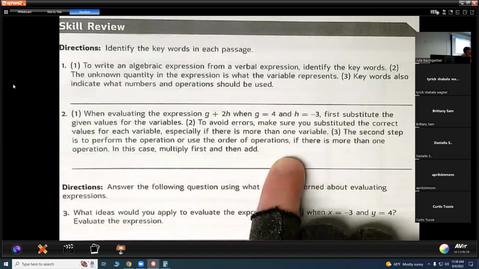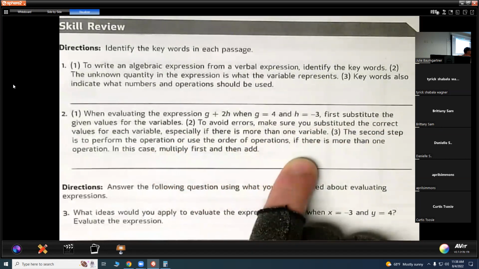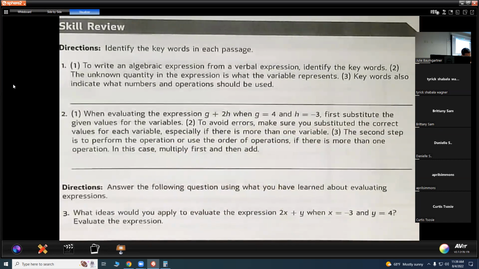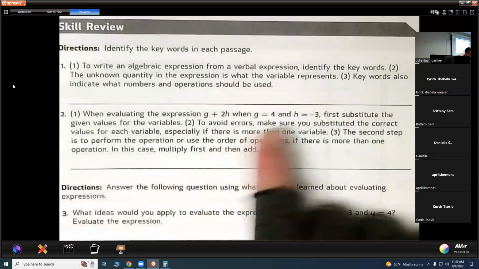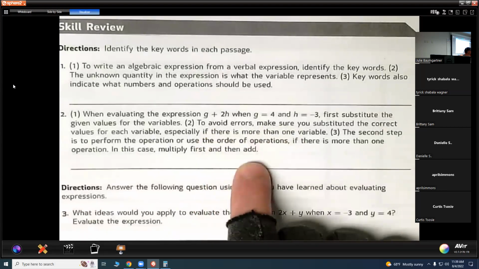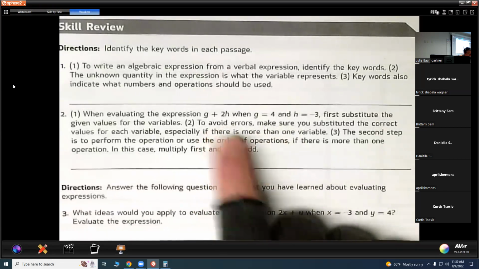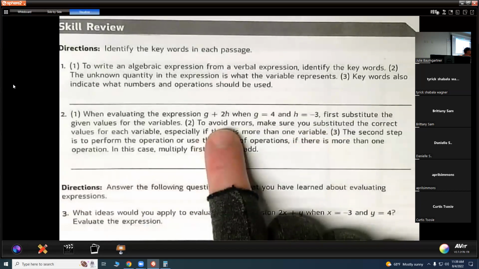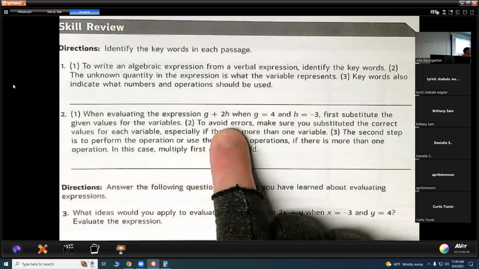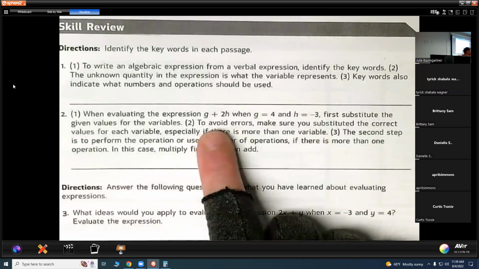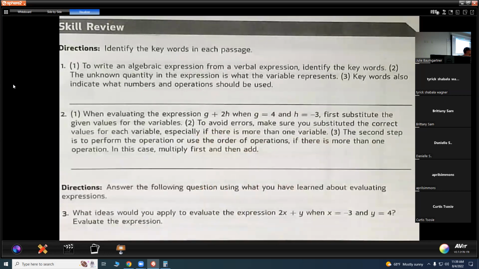The second step is to perform the operation, and use the order of operations if there's more than one operation. In this case, multiply first and then add. So H equals -3, so 2 times -3 is -6. 4 minus 6 is -2. Okay.